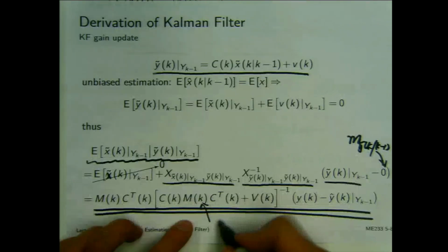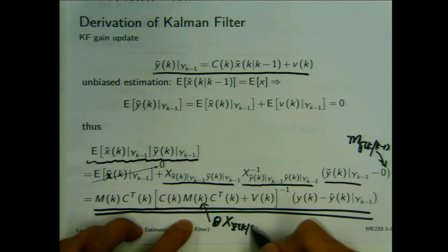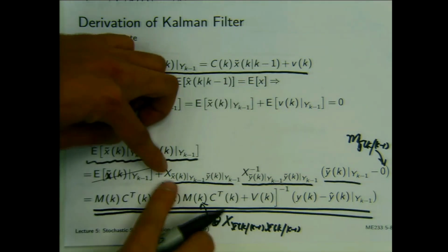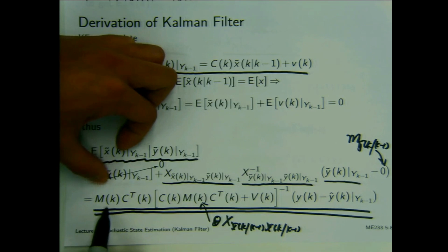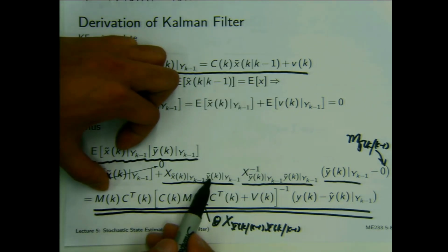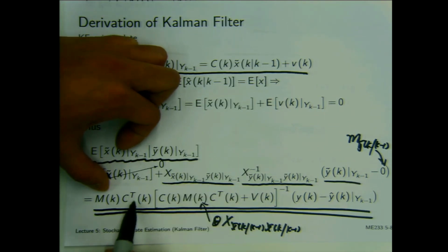M of x, mk is the covariance of x tilde k minus 1. Right? And on this side, I'm going to have the cross covariance between x tilde and y tilde. So it's definitely going to contain information of x tilde. And because y is happening on the right, here I'm going to have C transpose.